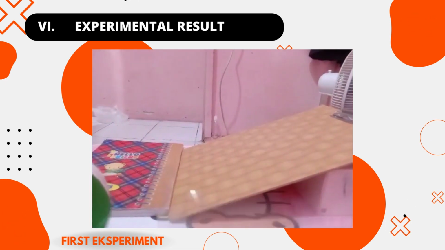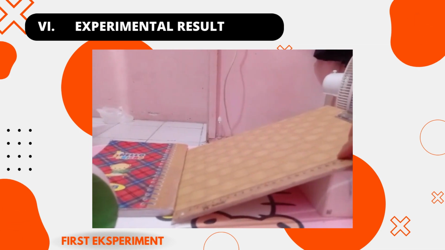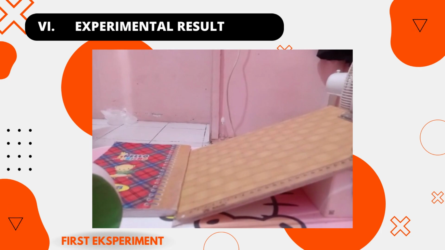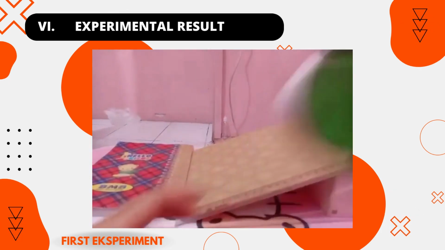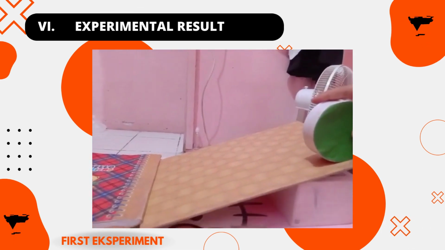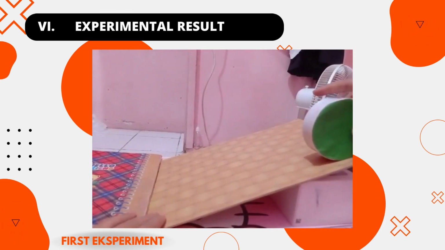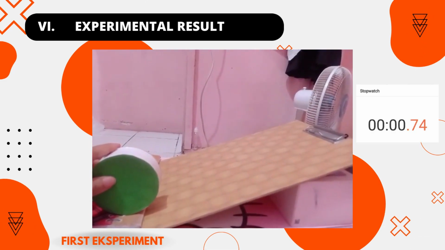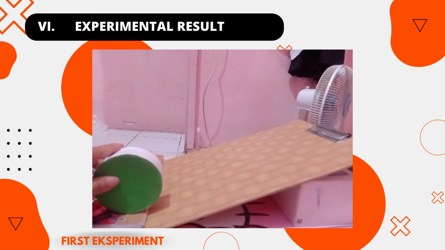Next, in experiment number 4, we put the cylinder at a distance of 30 cm. At a distance of 30 cm, the time it takes is 0.74.